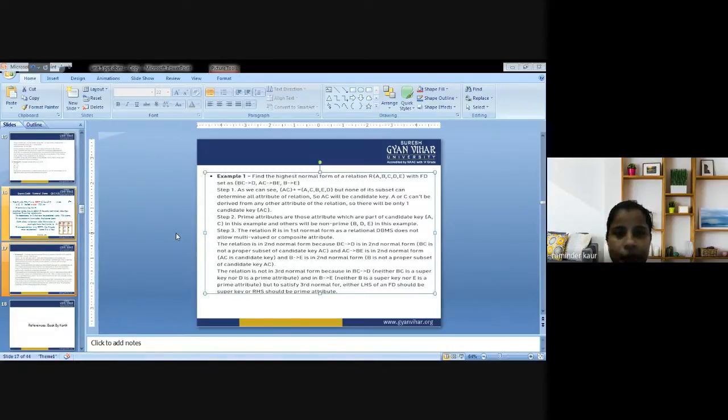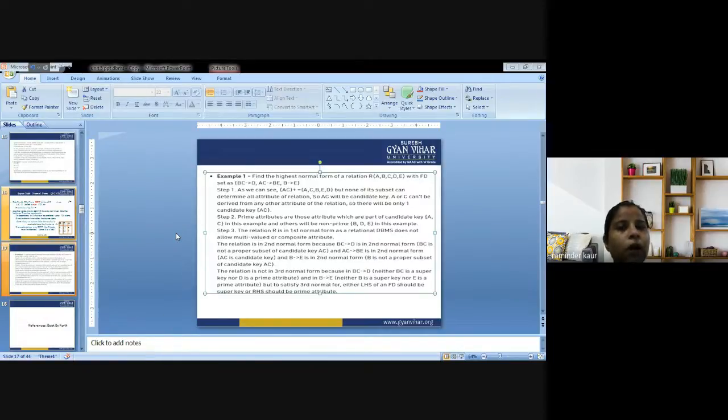In this example we are going to consider the third step. The relation is in the first normal form as relational DBMS does not allow multi-valued or composite attributes. The relation is in the second normal form because BC is deriving D is in the second normal form.